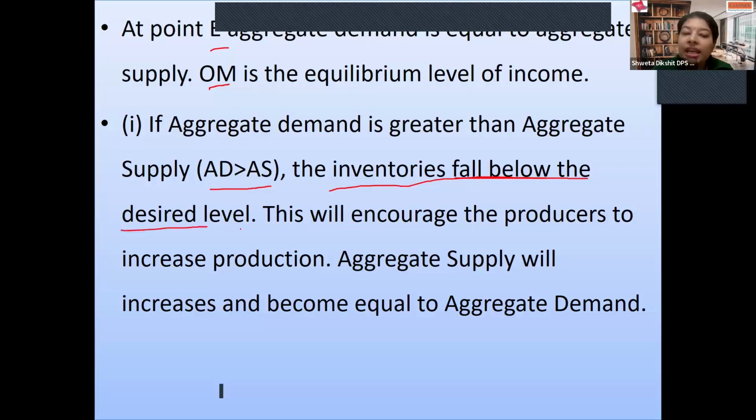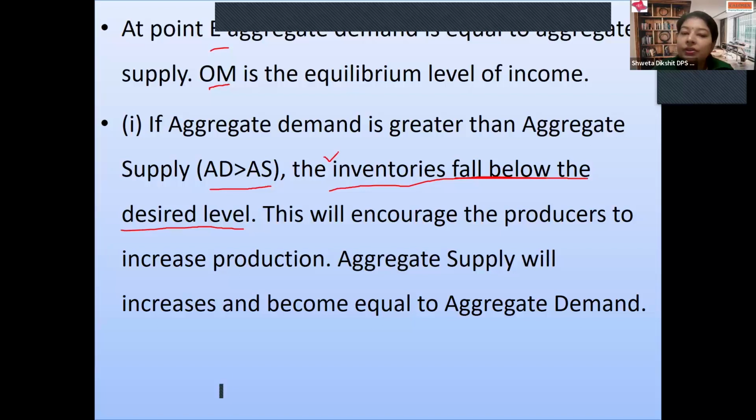That means when AD starts rising and the supplier needs to satisfy the AD, what will he do? He will definitely take the supplies out of the existing inventory. If you're a commerce child, you must know that inventories means the stock which is compulsorily maintained by the producer for meeting any urgent needs.